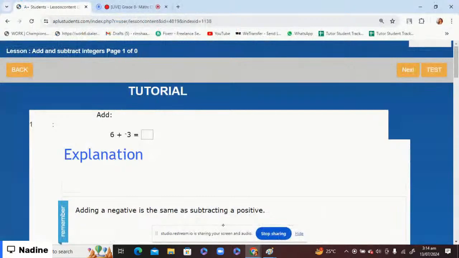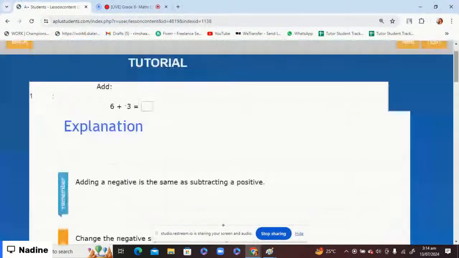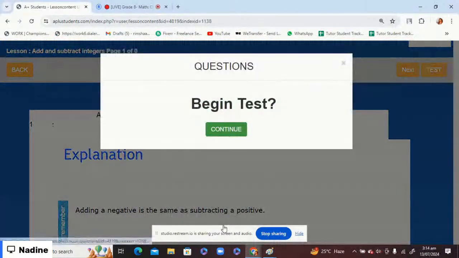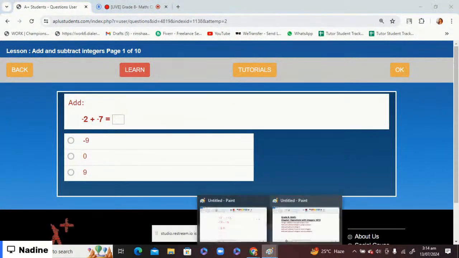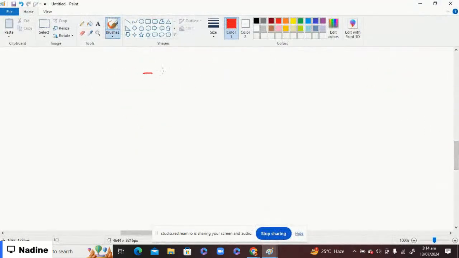Now let's start some test questions for that. Minus 2 plus into minus 7, let's solve. This is your question. Everyone think about how to solve this one.